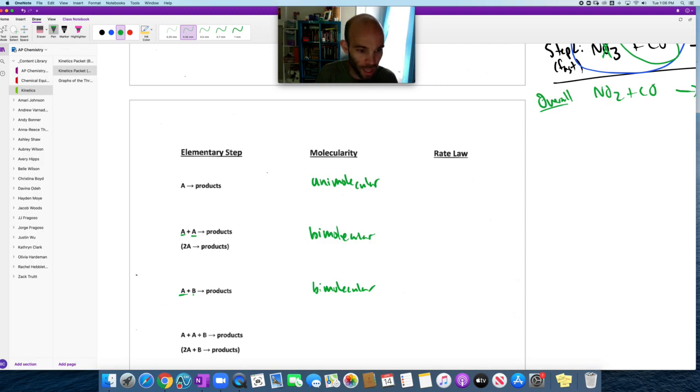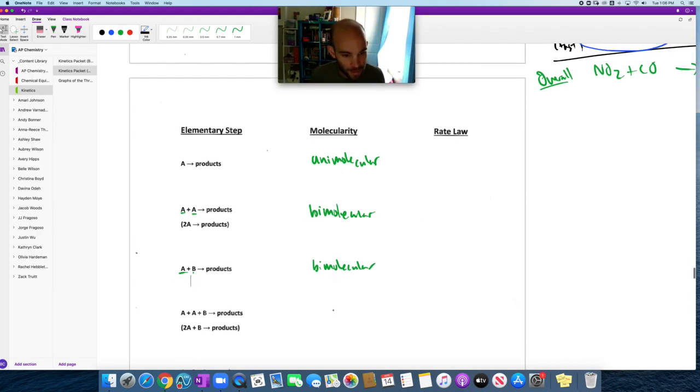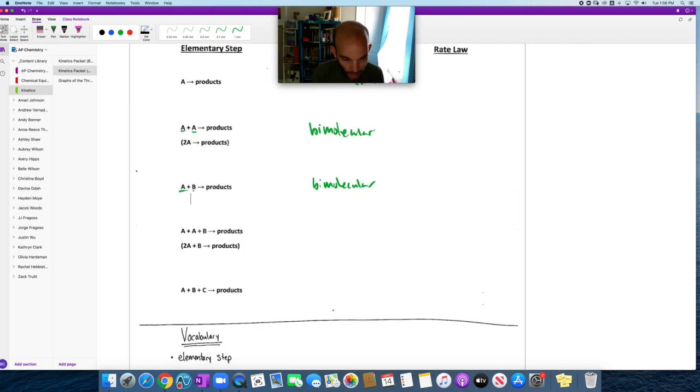Okay, so A plus A colliding or A and B colliding. At any rate, those are bimolecular. And then several cases down here for termolecular. Maybe you need two A's and a B. Those are termolecular. Or perhaps you need three different species.